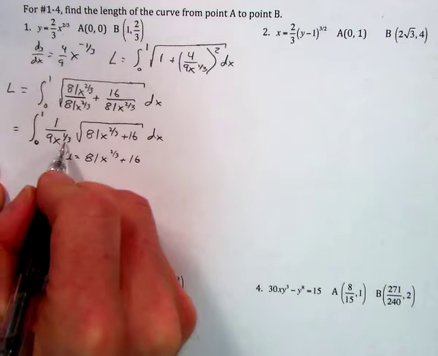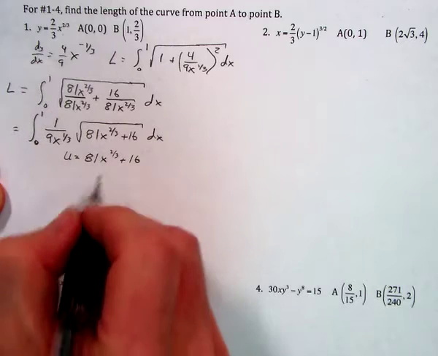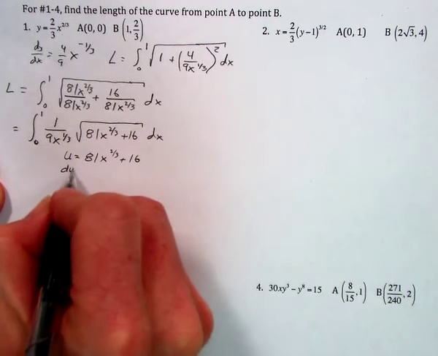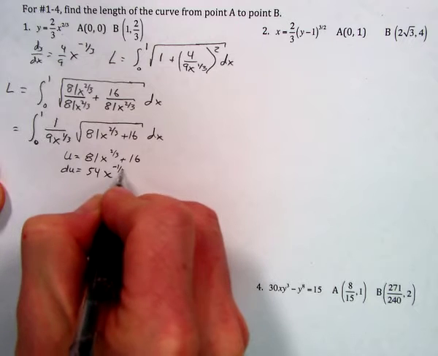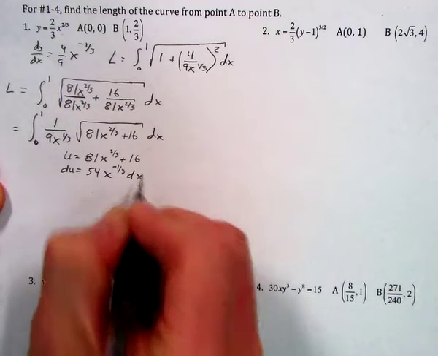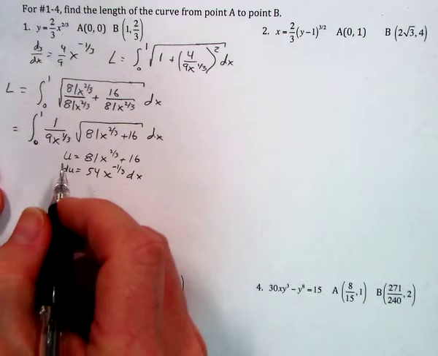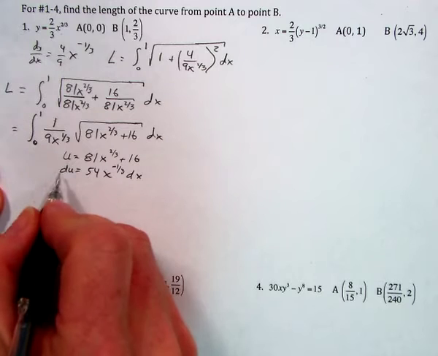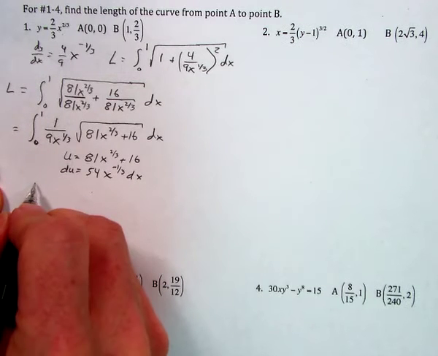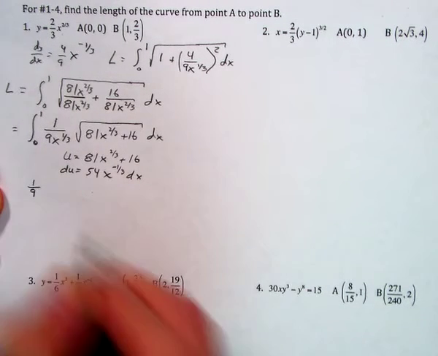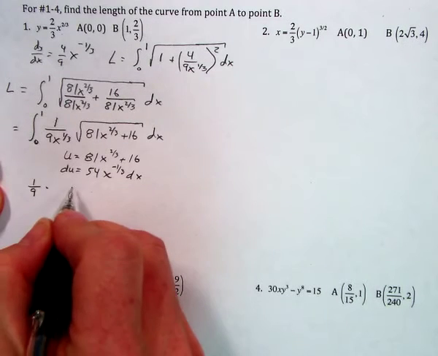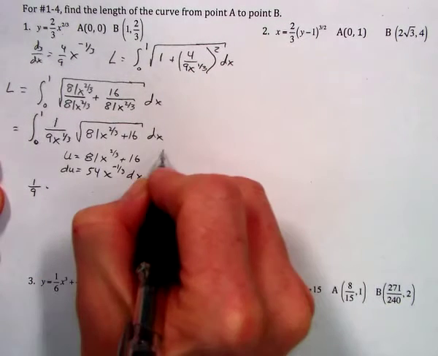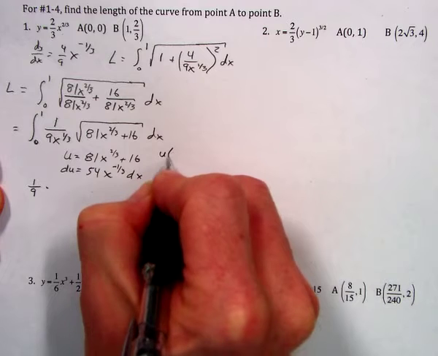Oh, we have the derivative on the outside of the variable as well. And then du would end up being 54x to the negative 1/3 dx. So if we substitute that in, move that 54 to the other side, I'm going to pull out the 1/9 part, and then I should change my limits. Always change your limits.